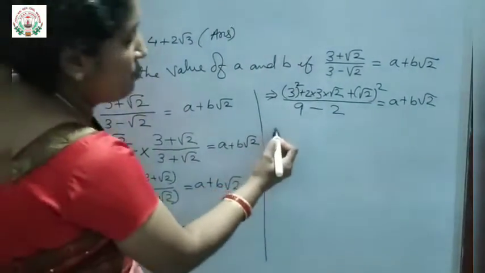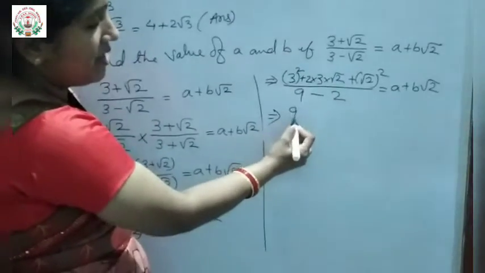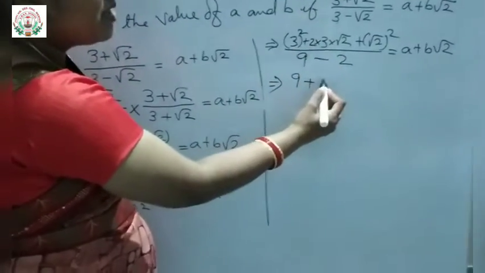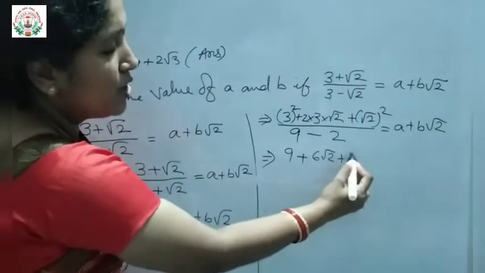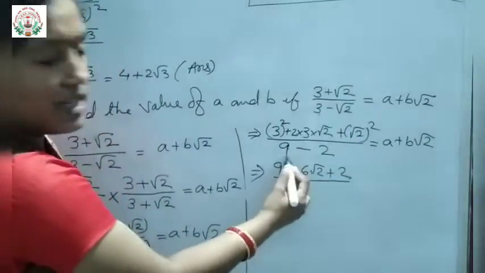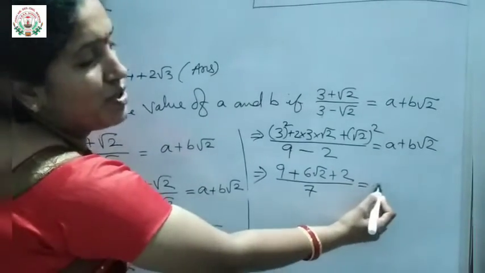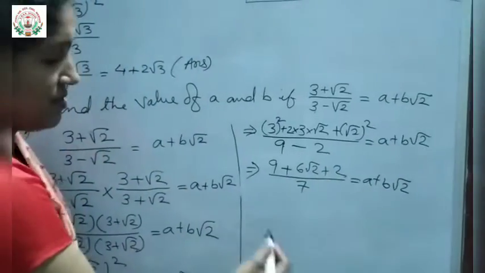Okay, so now implies this will be 3 square, how much? 9 plus 2 into 3 will be 6 root 2 plus root 2 square will be 2, upon the denominator 9 minus 2 will be how much? 7 equals a plus b root 2, RHS.